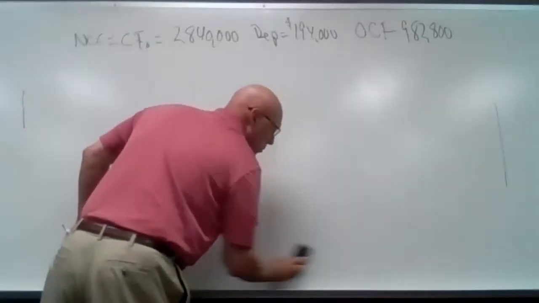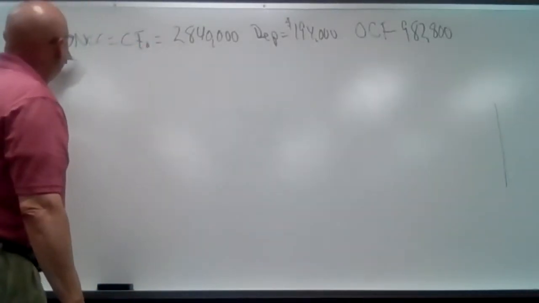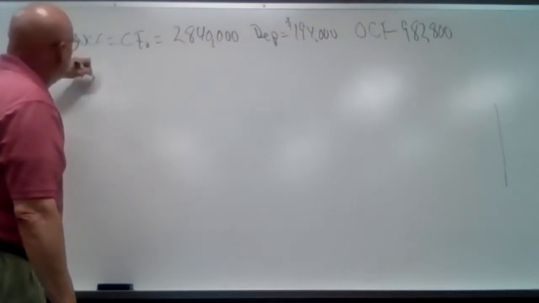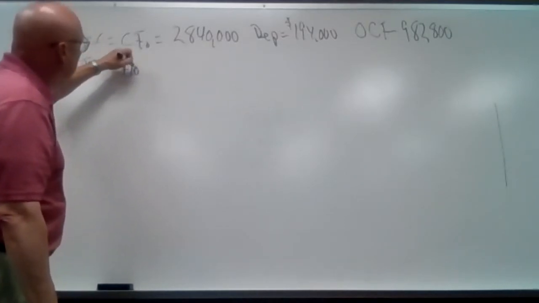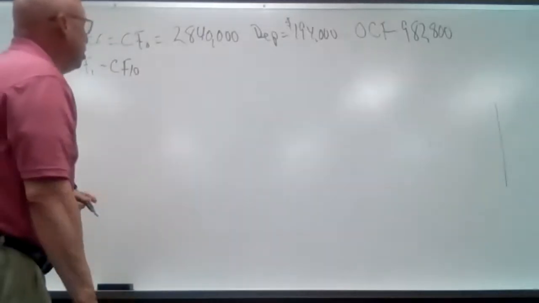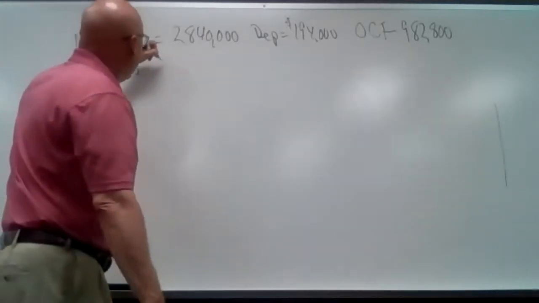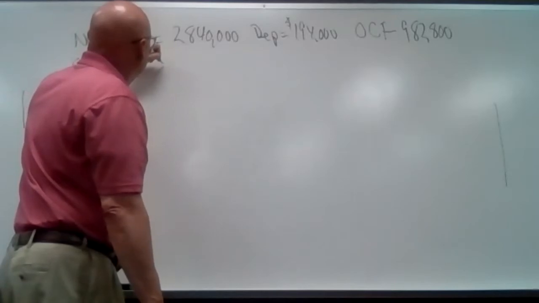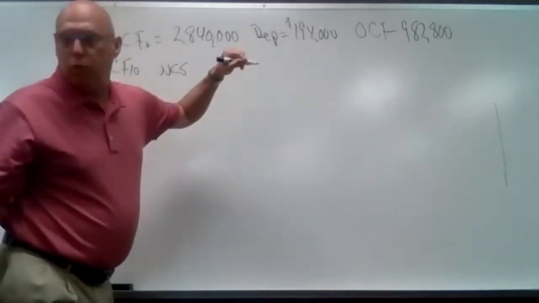All right, so I'm going to make a simplifying assumption here. What we're going to say is that CF1 to CF10, okay, this is a 10-year project, involves a cash outflow, net capital spending of 200,000.